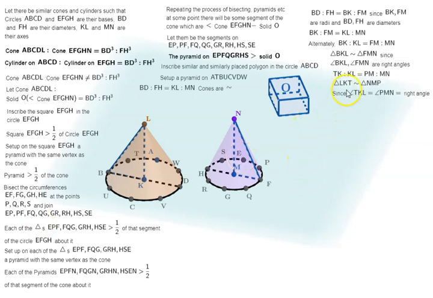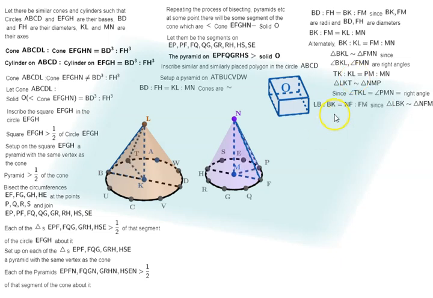So triangle LKT is similar to NMP. Why? Because again the angles TKL and PMN are both right angles, and the sides about them are proportional.